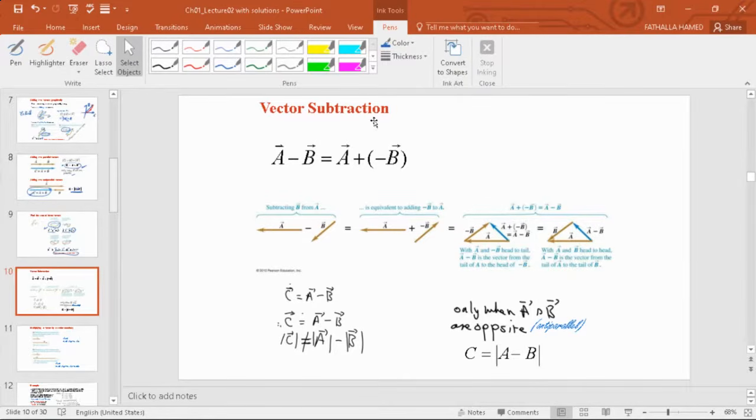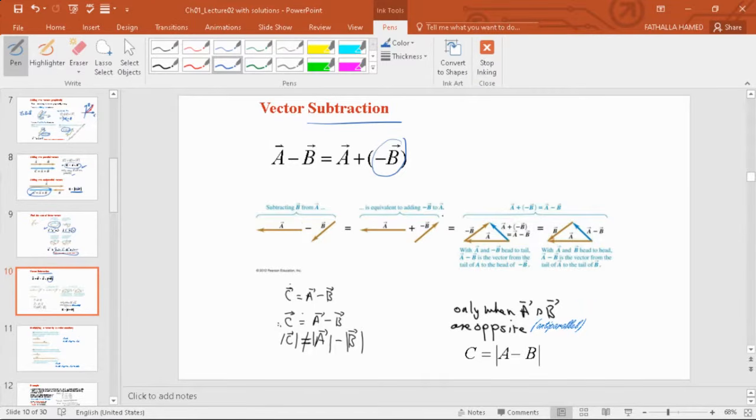Now, when it comes to vector subtraction, it is similar to addition. The only thing that I'm going to do is, if I want to write A minus B, that means I'm adding B to A, but I'm going to invert B. That means I'm going to multiply it by a negative sign, which will invert it for me. So here I have A minus B. I have vector A, I have vector B, and I want to take the subtraction of that.